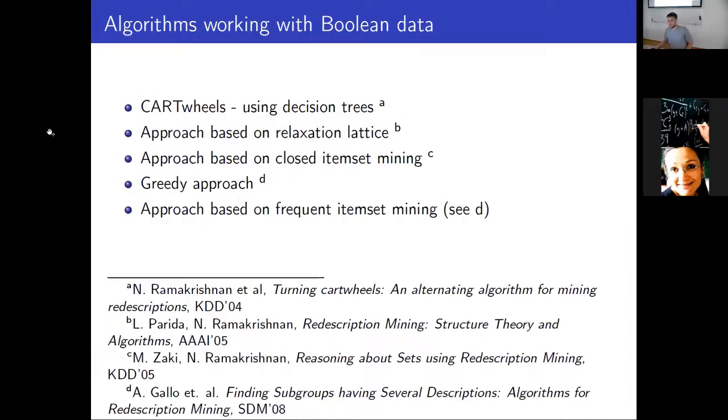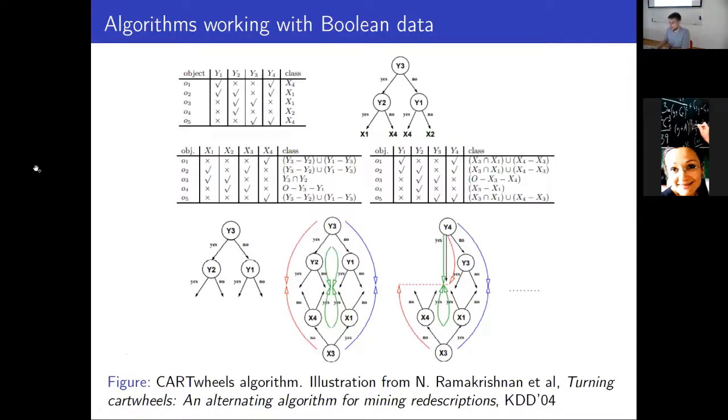Okay, so for the algorithms that work on Boolean data, we have several of them. CARTwheels is the first one, using decision trees, and then we have the approach based on relaxation lattice and closed item set mining, and a greedy approach based on frequent item set mining. I will just very shortly show some pictures.